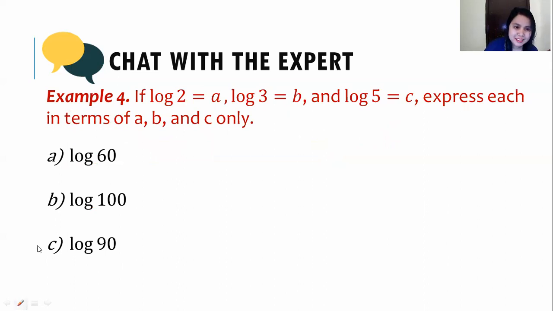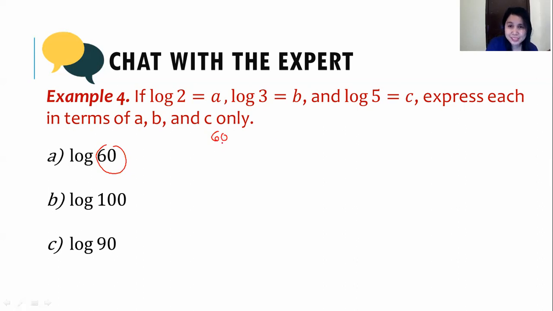Ready? The last one is this. If log 2 is equal to A, and log 3 is equal to B, and log 5 is equal to C, express each in terms of A, B, and C only. It means that if you have 60, you need to write it as a product of 2, 3, and 5. So example, 60.